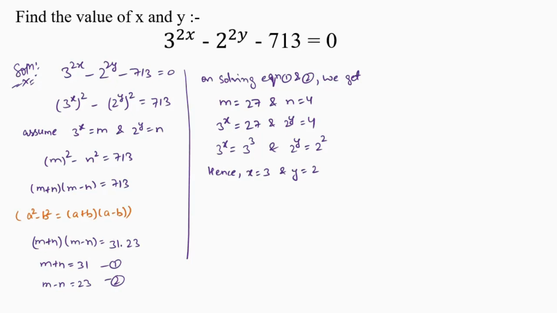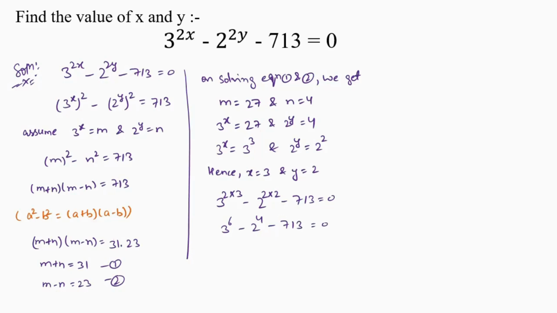Now, let's check by putting these values in the above equation to find whether these values are correct or not. So, 3 raised to power 2 times 3 minus 2 raised to power 2 times 2 minus 713 equals 0. Here we get 3 raised to power 6 minus 2 raised to power 4 minus 713 equals 0.